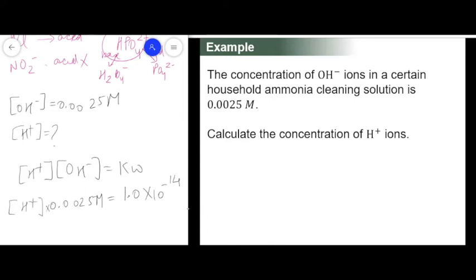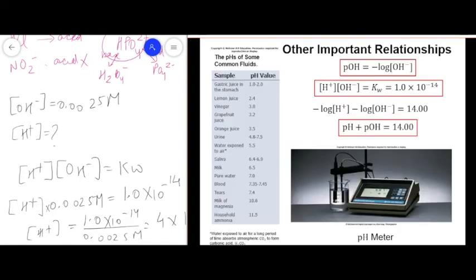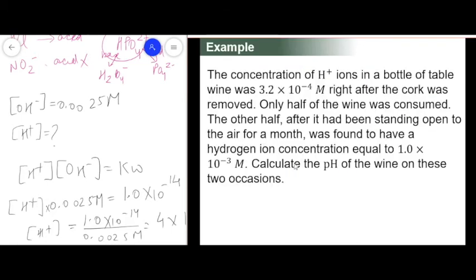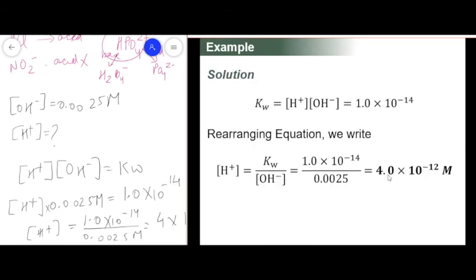So everything's given to us except one value. We can easily figure that out. If we divide both sides by 0.0025 molar, it's going to give us the concentration of proton, which would be 1.0 times 10 raised to power minus 14 divided by 0.0025 molar, which is essentially 4.0 times 10 raised to power minus 12 molar.